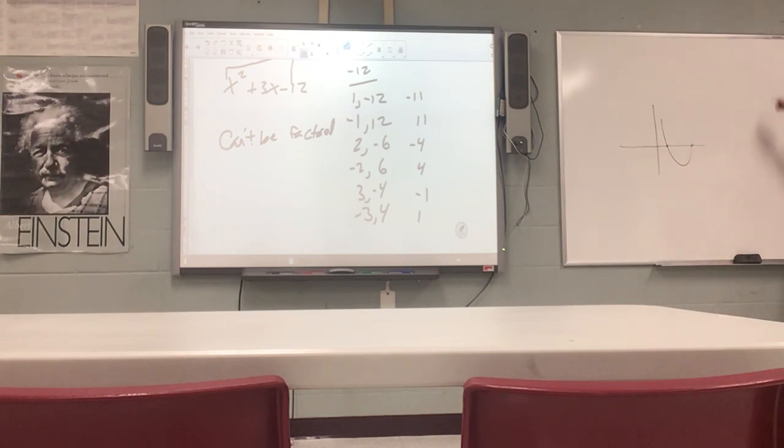So if you get one that can't be factored, that means it's not going to have any intercepts. It's never going to cross the axis. It could mean that, or it could mean one other thing. It could mean it's an irrational number where it crosses it, like the negative square root of 7. But if it can't be factored, it'll be something weird. So good thinking on that, Mr. Christian.